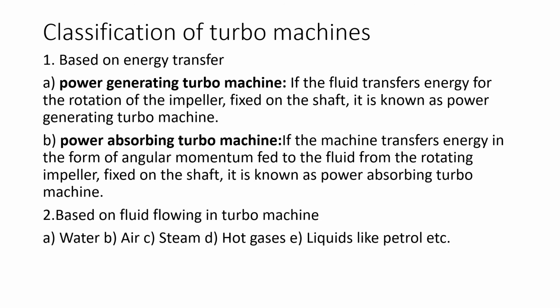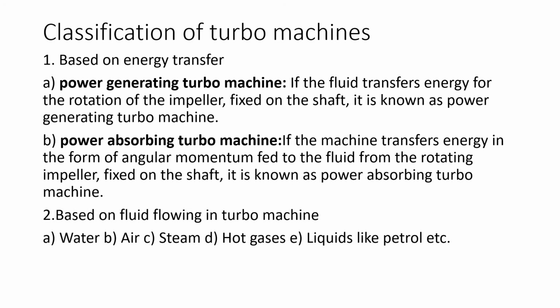If the energy from the fluid is transferred to the impeller or blades, wherein we are generating power, then we call that kind of turbo machine a power generating turbo machine. In a power absorbing turbo machine, energy is transferred from the blades to the fluid, like compressors and pumps. We call that type of turbo machine a power absorbing turbo machine.